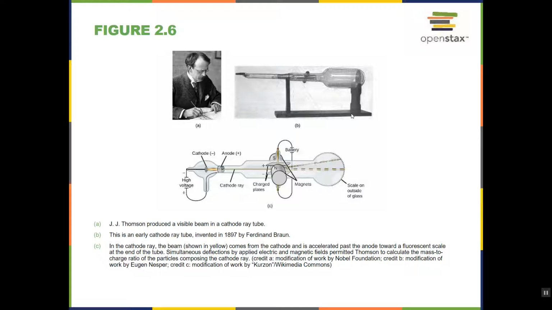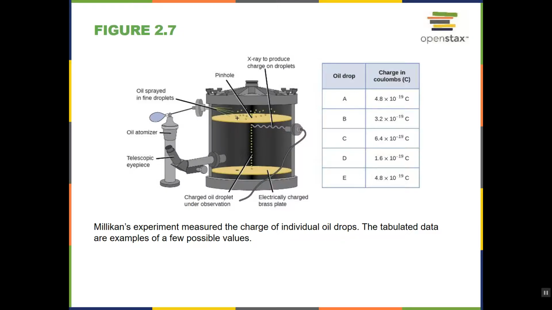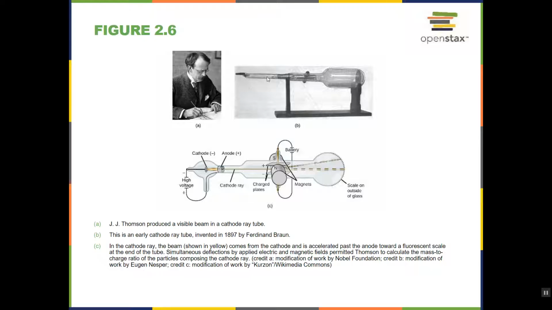Now, when we work with a cathode ray tube, one of the neat things about it is it creates this beam of light, which is really energized electrons inside of a gas contained in a vacuum. You can see this beam, and it shoots straight across.